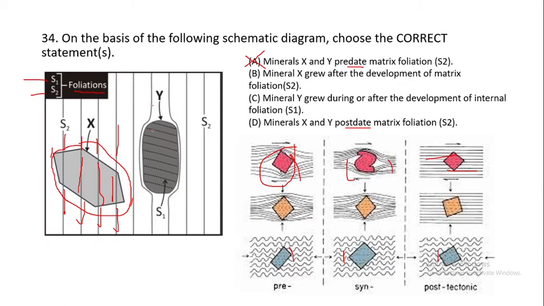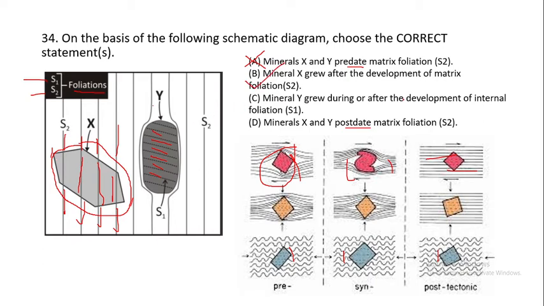Here you can see the foliations. After the development of the matrix, X will grow. So this is completely correct, and we can observe it from this figure.